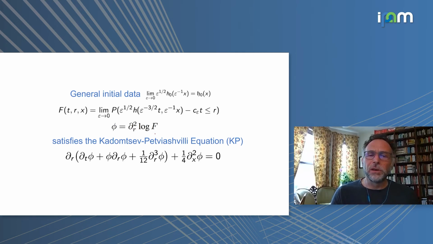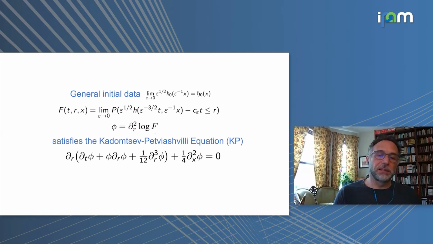Of course, there's no 3 here because it's just at the initial time. And now we look at the distribution function of the asymptotic model at space-time point t and x. And that's a function f of t, r, and x. And we take its second log derivative, phi.